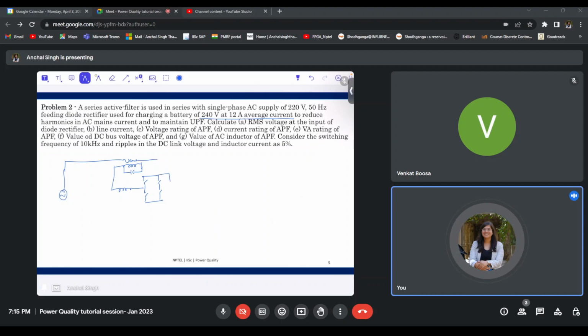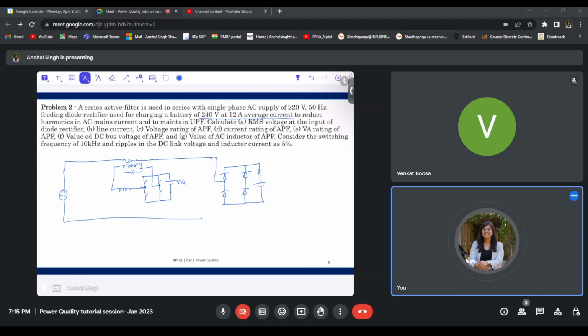So the DC link voltage that is given is VDC, that can be shown here, and this part will be connected to this. So this is the shunt active power filter, and then we have a diode bridge rectifier load. So if this is my diode bridge rectifier load, then it is connected to an RE type of load.